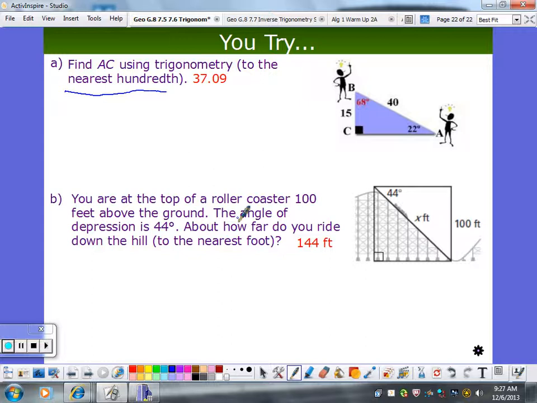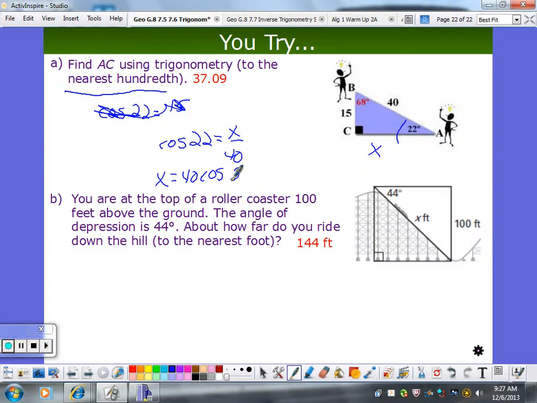Yeah, that's good. Let's see, I wrote it down. Wait, what are we finding? We're finding this, right? So is it wrong? No, it's tangent. Oh, wait, no. You're right.